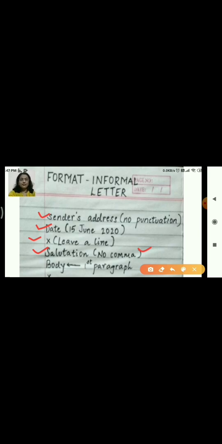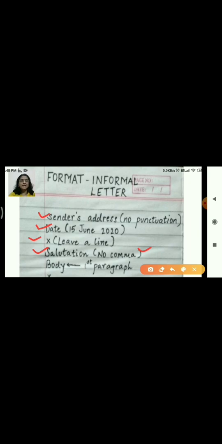Then comes the main paragraph, wherein you write what you are writing the letter for, the main content that you are going to explain there. And the third one is the conclusion, in which you end your letter. I hope you remember all these things.